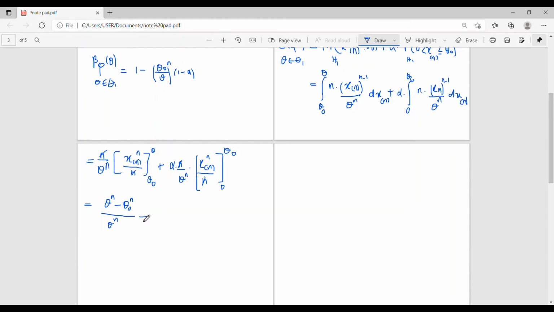plus alpha into theta naught power n divided by theta power n.